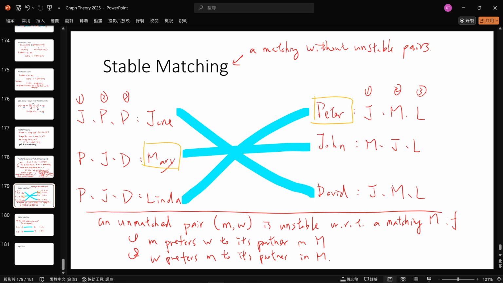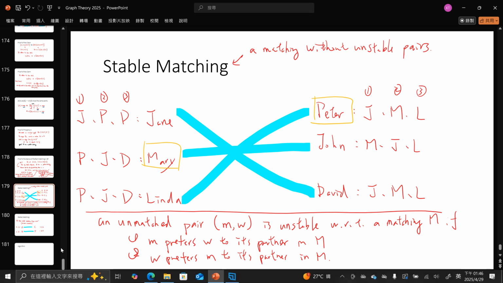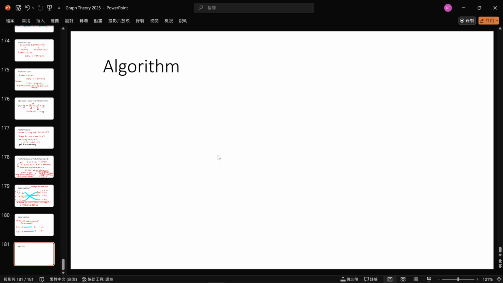So in every round, we have 3 steps. First, men propose to women according to preference list. Second, women reject and accept proposals, once again according to preference list. And third, rejected men update their preference list by removing women from their preference lists.